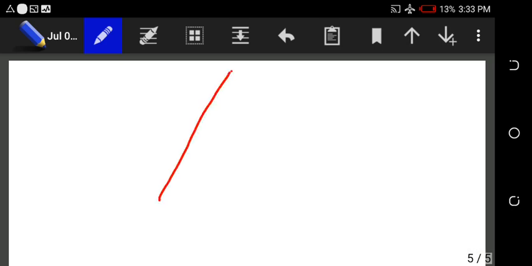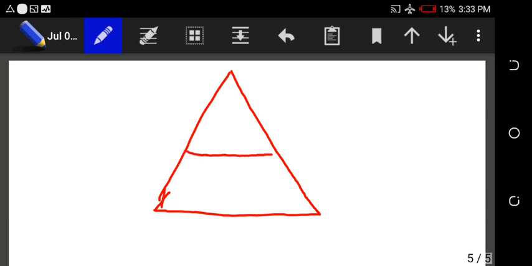Now this is a triangle. This side is parallel to this side. Let the parallel sign not confuse you. So we have here to be 7 cm. We have here to be 5 cm.